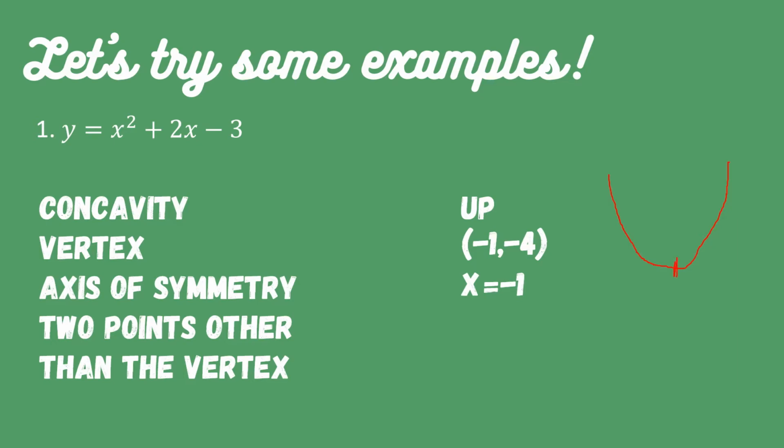So the axis of symmetry is the same as the vertex. So yung hinahanap na point natin is yung nandito, which is x is equal to -1, which is also the value of x here. Next.